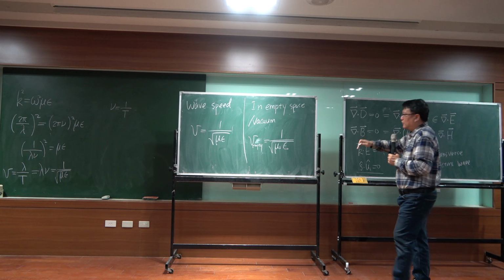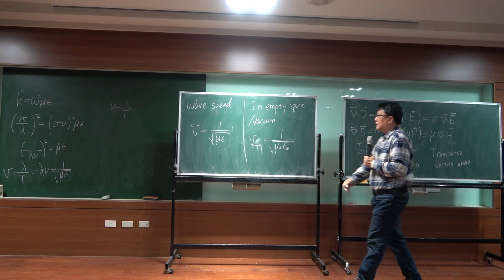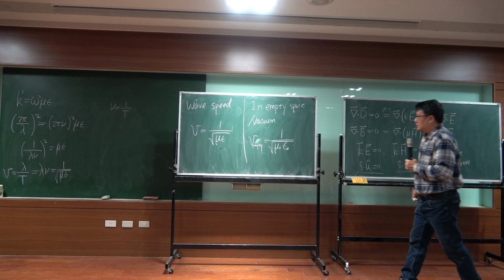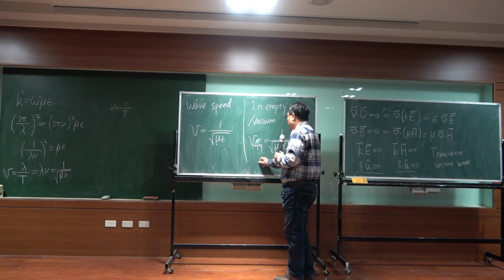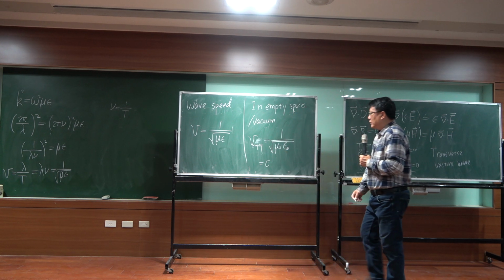Mu 0 epsilon 0 are the mu and the epsilon in the empty space. And this result is just the light speed in vacuum.